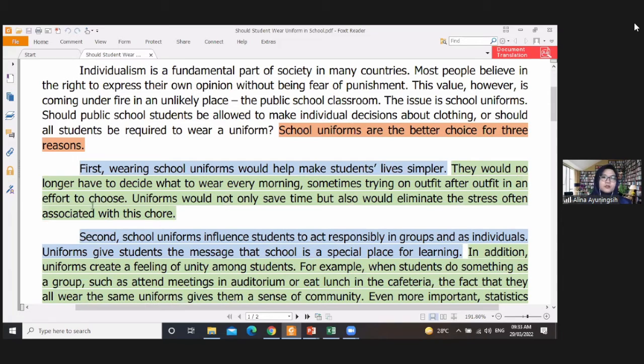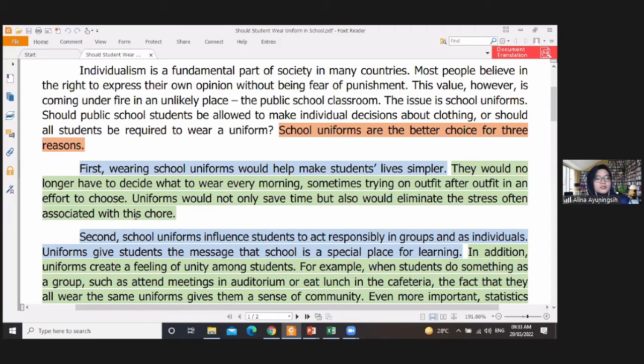They would no longer have to decide what to wear every morning, sometimes trying on outfit after outfit in an effort to choose. Uniforms would not only save time but also would eliminate the stress often associated with this chore.